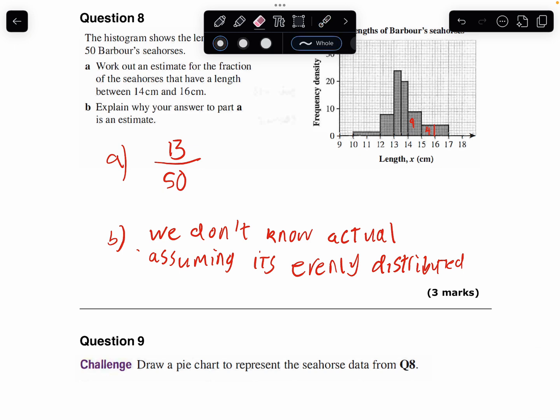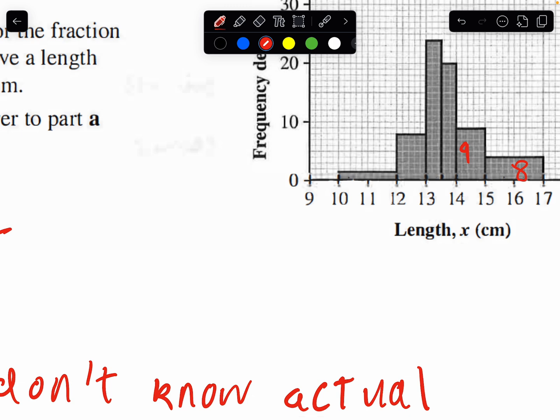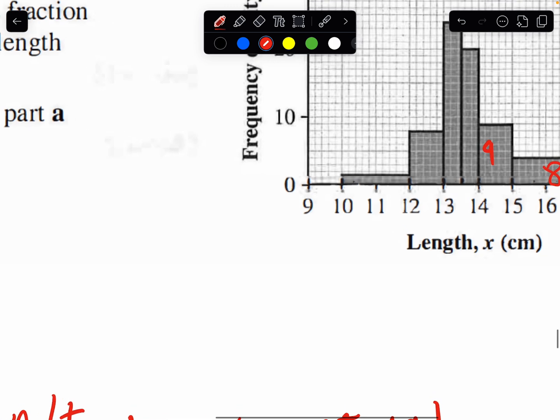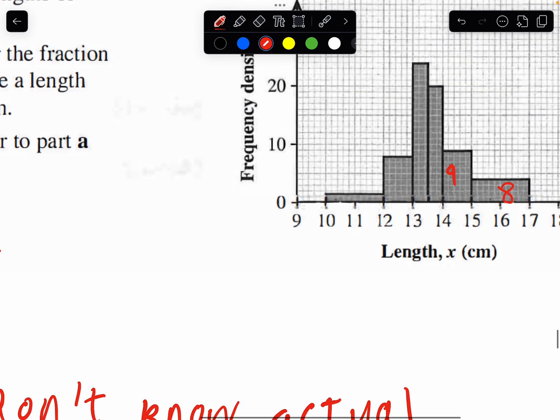If I wanted a pie chart to represent the seahorse data, we need to figure out the area of each of them. That one's got 8. 10 to 12 is 2 across and what looks to be like 3 tall, I want to say. So that's got an area of 6 here. This one is 1 across and 8 tall, so that's 8.